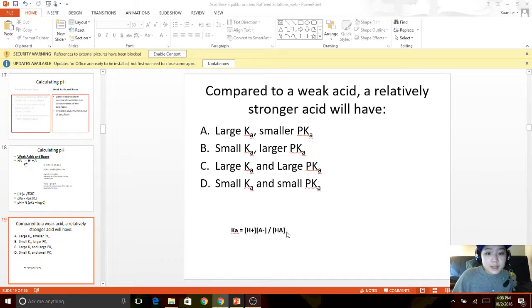And so something that has a very large Ka value basically means that the original acid concentration is going to be very, very low, which means that basically the acid is going to dissociate completely, and so this top number is going to be much larger than this one, meaning that it's going to be a strong acid.